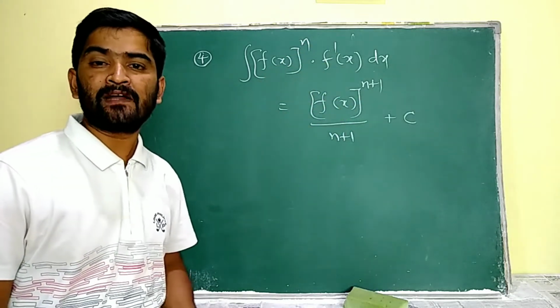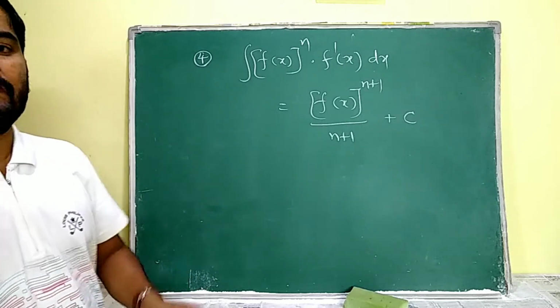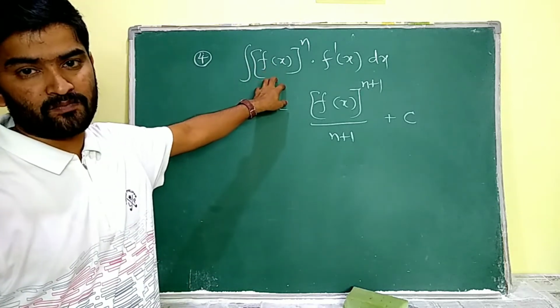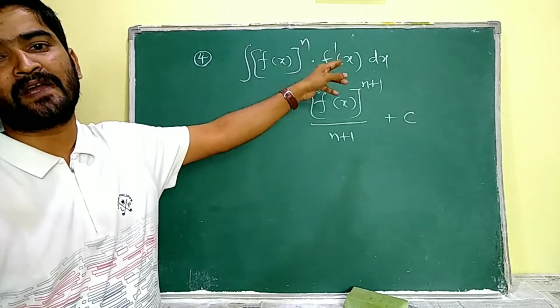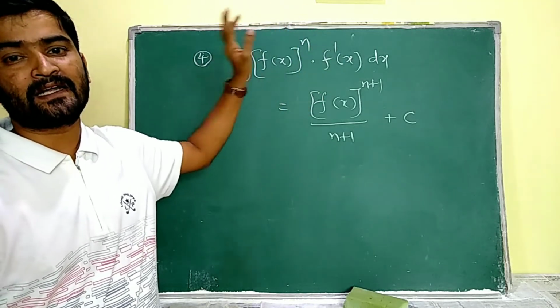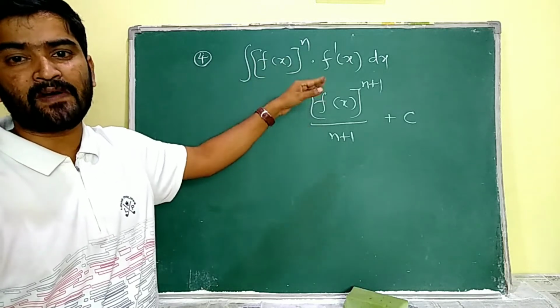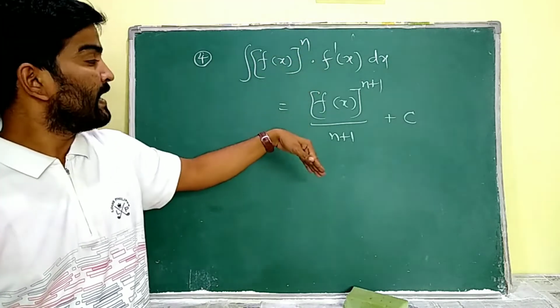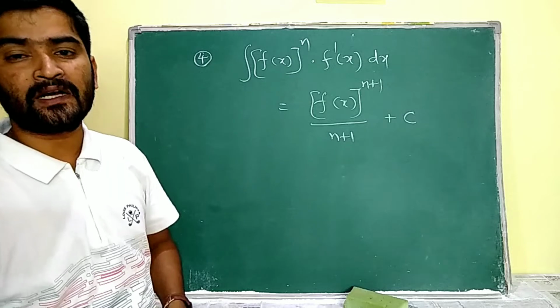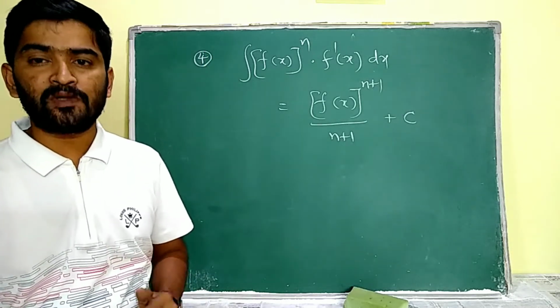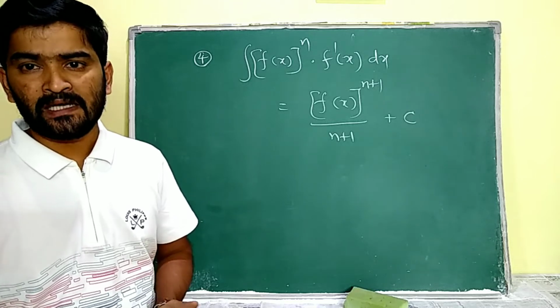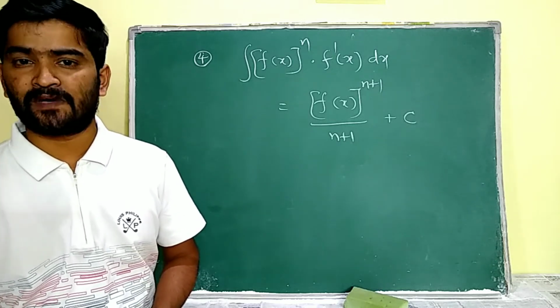Whenever you are going to find any given question in this form, that is integral f of x whole power of n into its derivative f dash of x dx, then that can be expressed as f of x whole power of n plus 1 by n plus 1 plus c. Now depending on these four formulas or theorems, we are going to solve some problems. Then you can understand how to use these formulas.